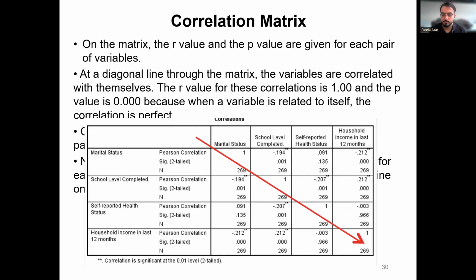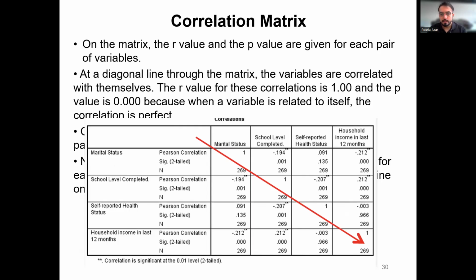So here, this is a correlation matrix. And we have variables in columns and the same variables in rows. And we have Pearson correlation, sample size, and the significance level, which is our p-value.